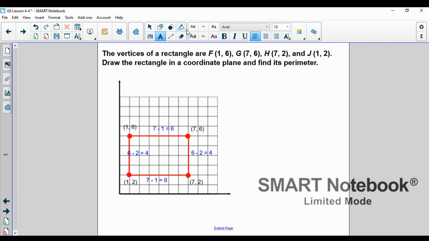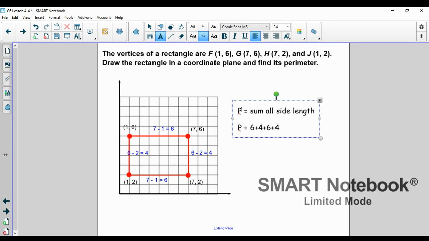So now I can find the perimeter. Remember, perimeter is just the sum of all sides. So I would get P equals 6 plus 4 plus 6 plus 4.